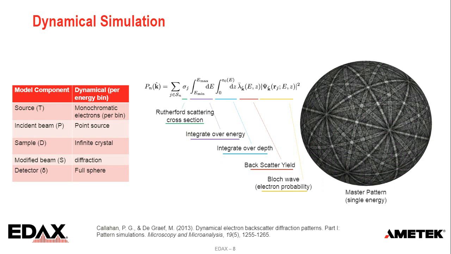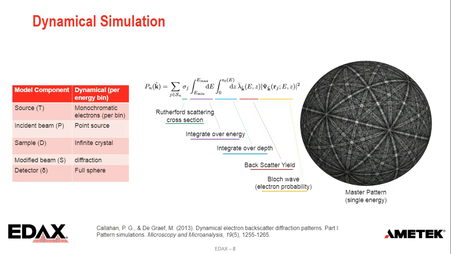And what you use again here is a monochromatic source, but now instead of a beam coming into the sample, it's a point source within the sample, because you already have the location that the electron came from in the previous model.